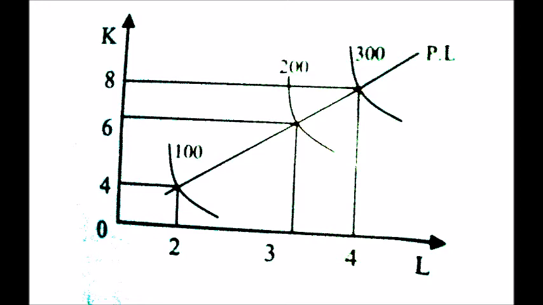The firm is operating in the long run because capital and labor are variable. K varies from 4 to 6 to 8, and L varies from 2 to 3 to 4 units. 4 units of K are combined with 2 units of L to give us 100 units of output.